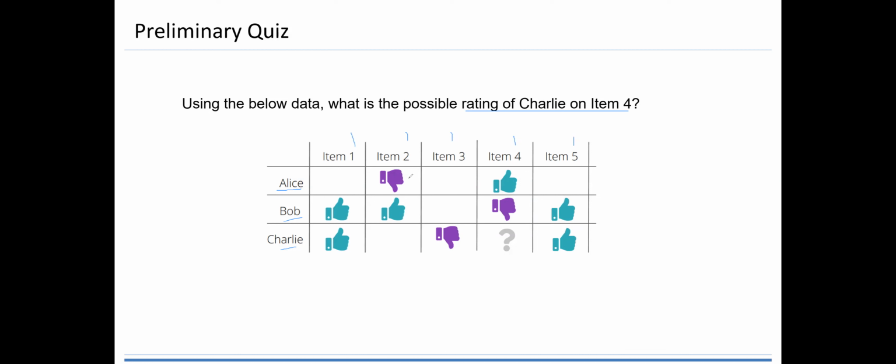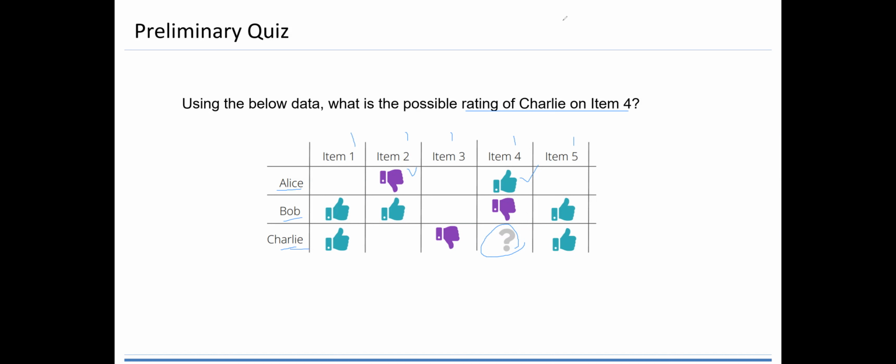If we look at the ratings, it seems we have only two ratings, good or bad. So this is good, this is bad, because there is no other kind of information, so we can assume that. And we need to answer this question mark: what is the possible rating of Charlie on item 4?